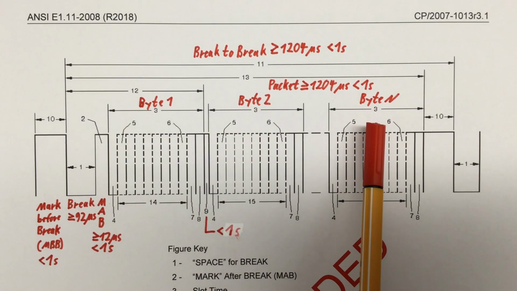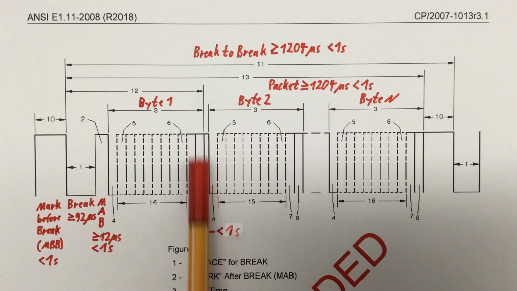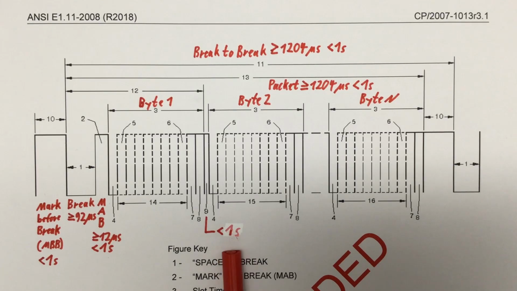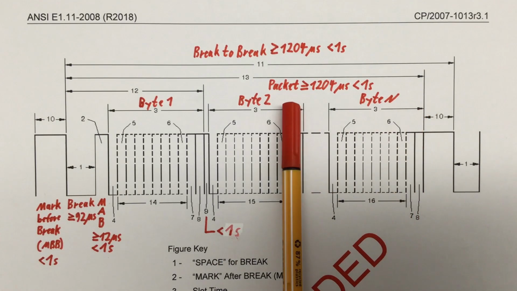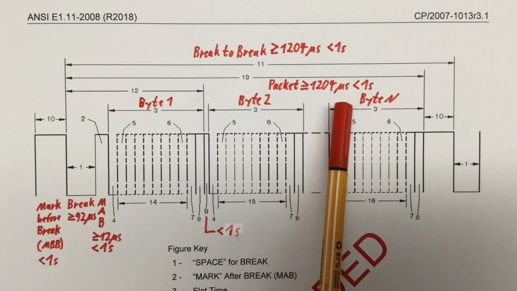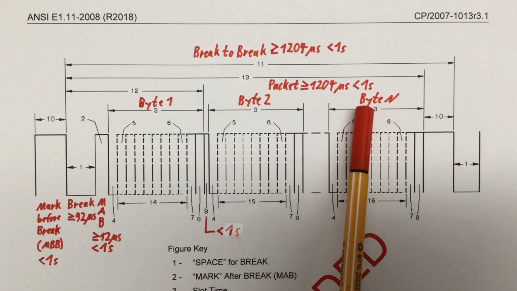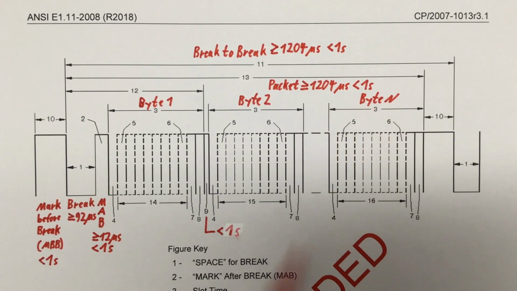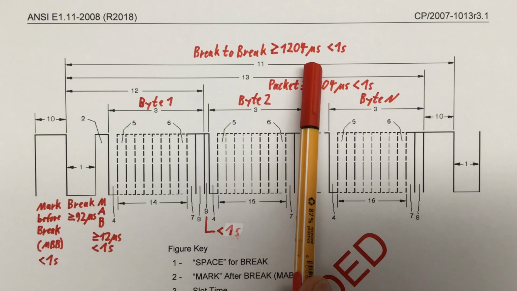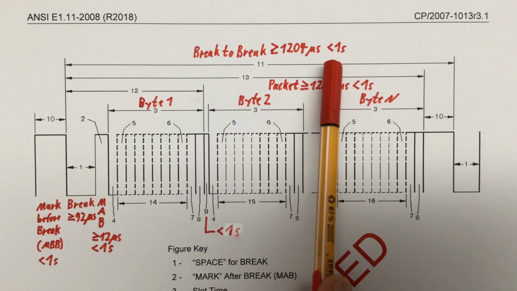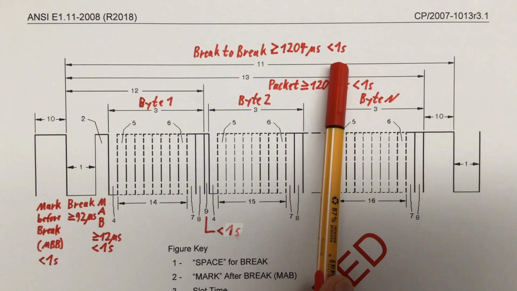Then the bytes follow, at most 513, and you are allowed to have pauses between the bytes, but they should be shorter than 1 second. A whole packet is at least 1204 microseconds long, but should be shorter than 1 second. And the time from break to break is also at least 1204 microseconds and needs to be shorter than 1 second.